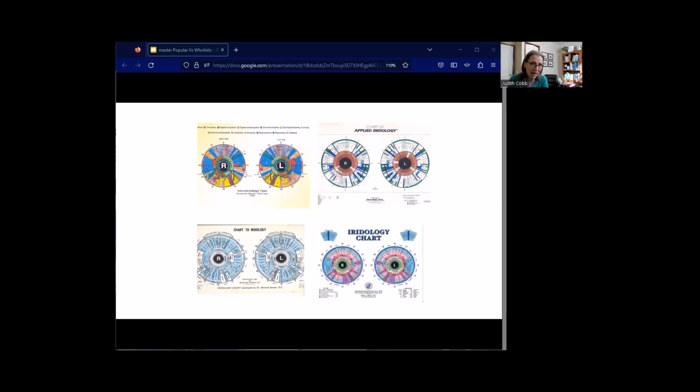where we don't actually have a diet for that area. We don't have an herb for that area. It's something that a medical doctor would work with, because they can slice and dice and irradiate whatever they want in there. So when you see people who are offering these free iris analyses online, 9 times out of 10, they are doing the Jensenian or Morse style of iridology, a very medically oriented type of iridology.